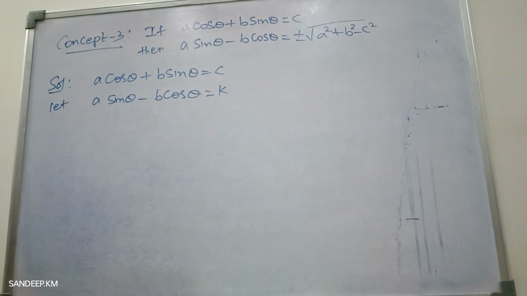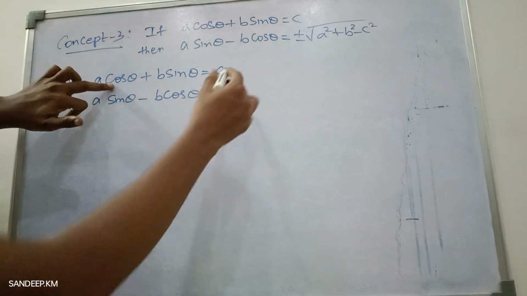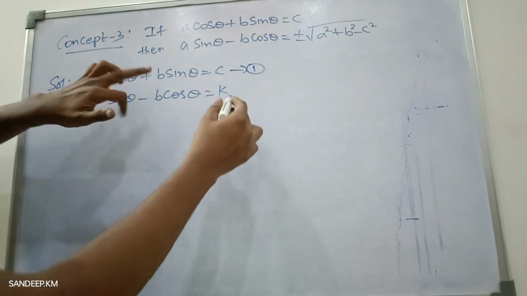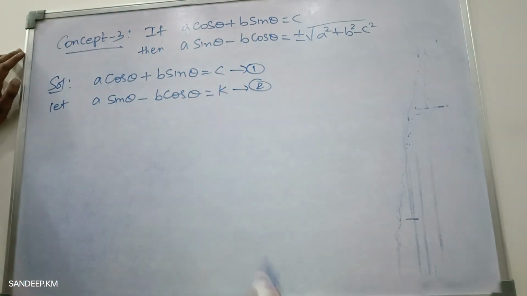The proof will be over. So see, the first equation contains sin theta and cos theta. The second equation also contains sin theta and cos theta. You have to get this idea of using the identity: sin square theta plus cos square theta is equal to 1.